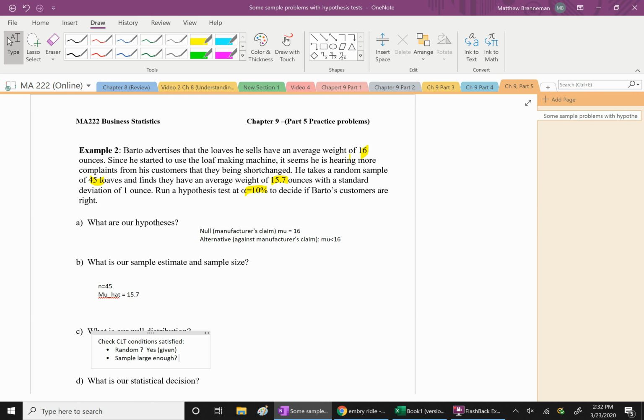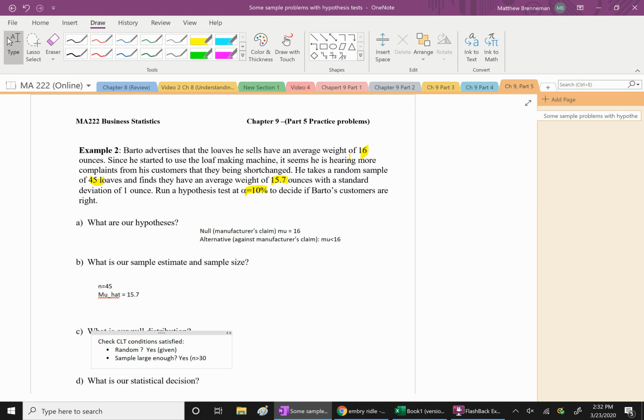Notice that here we don't even really have to consider sample size, because remember that when we're dealing with the central limit theorem and quantitative variables are involved, we only have to have a normal distribution. The sample size is actually not important if the distribution is normal, and it is. We're talking about deviations from a manufacturer's claim. So here the answer is yes, but there's two possible reasons.